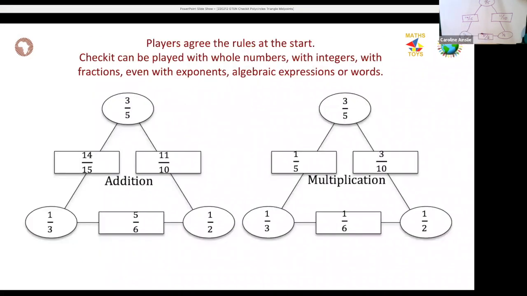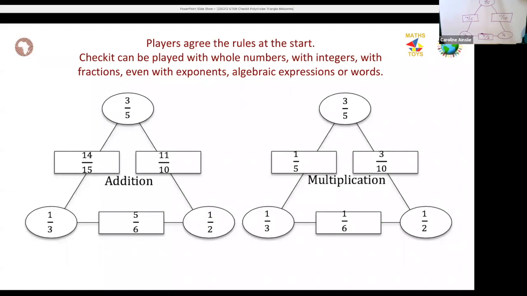So the idea with this slide is that you can use it for the Checkit game. As Tony just said, it's a game. They're practicing, they're getting better at their skills, and it's completely up to you how you use it. You can keep it super simple with the counters.